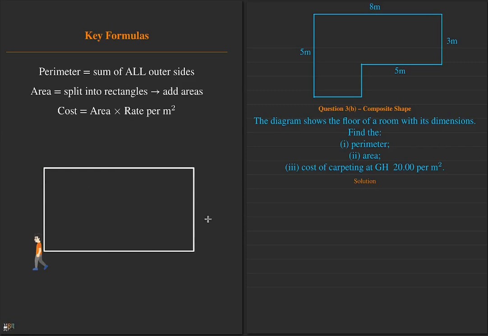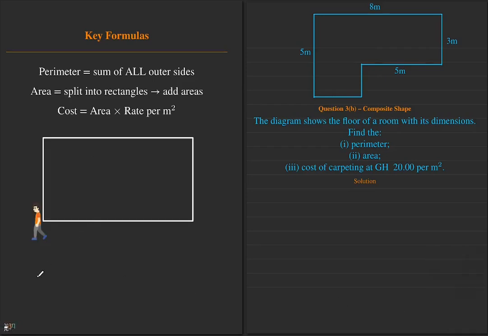Now, the area is the total space that a figure covers. So for compound or composite shapes, when we want the area, we split the figure into the various shapes. If you have rectangles inside, squares, or triangles, you split the figure into shapes whose areas you can easily find. For a square, the area is length times length.